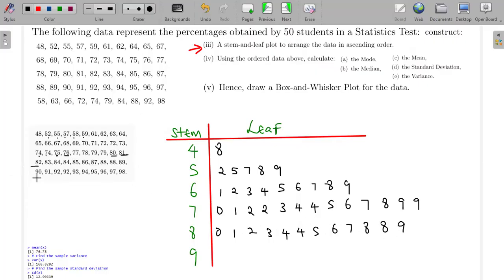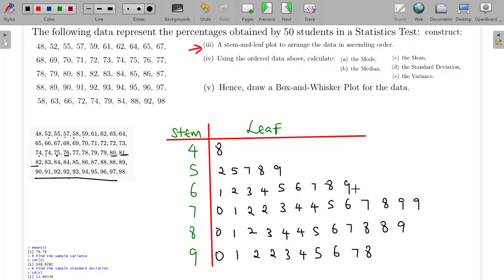Okay, so I'm done. And then for the 90s, I have 90, 91, 92, 92 again, 93, 94, 95, 96. Okay, then 97, 98.